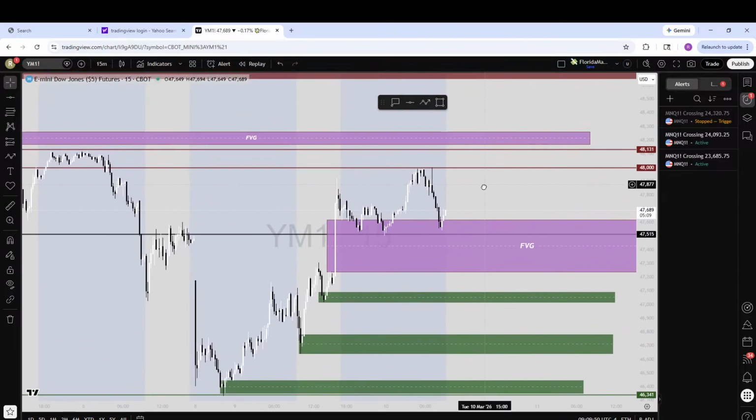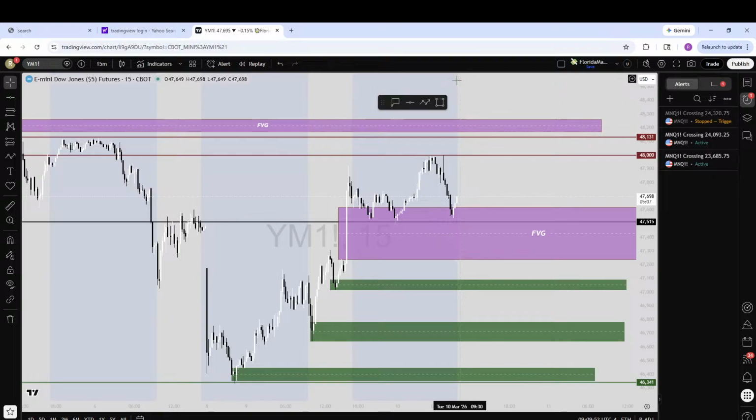Another thesis is that the market opens and it goes here to resistance, and it comes here to the midnight candle, and then it goes higher, and then maybe it comes down to this area of support, and then it goes higher.